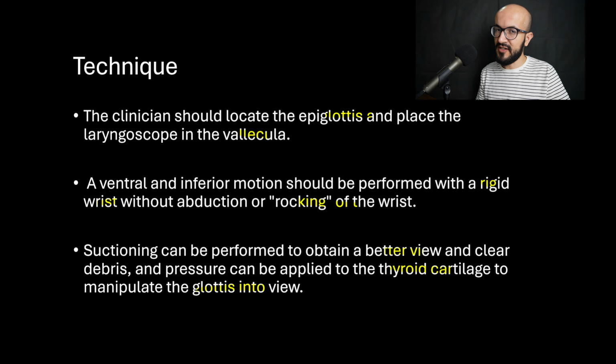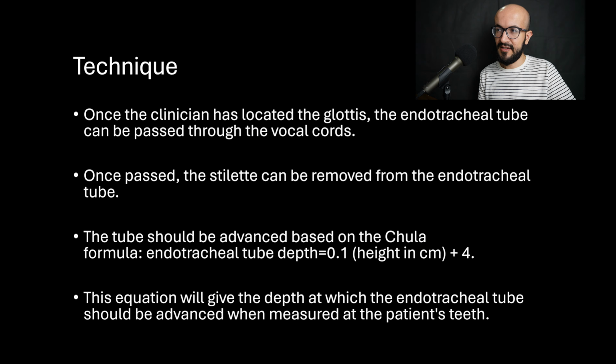Once the clinician can locate the glottis, the endotracheal tube can be passed through the vocal cords, and once passed, the stylet can be removed and the tube should be advanced based on the Chula formula.